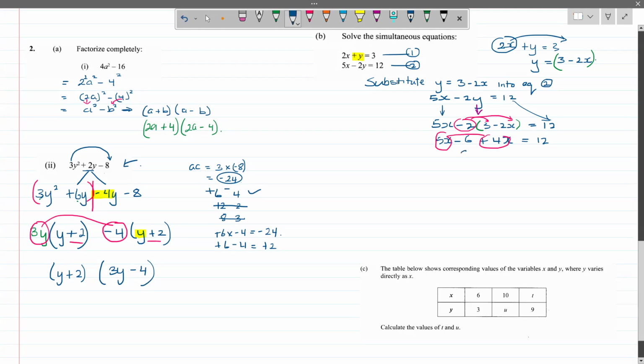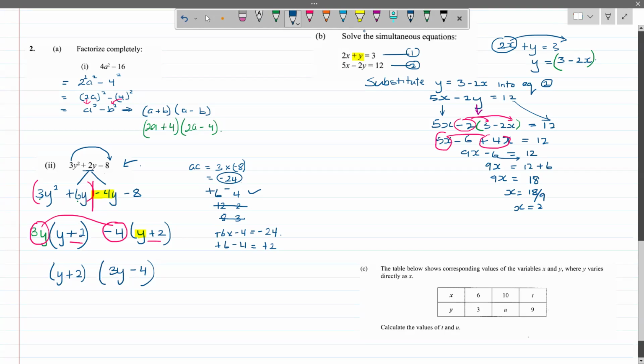I'm going to get 9x minus 6 equals 12. If I move this 6 across here, I'll get 12 plus 6, right? Because minus becomes plus on this side. 9x is equal to 18. So x is equal to 18 divided by 9. X is equal to 2.